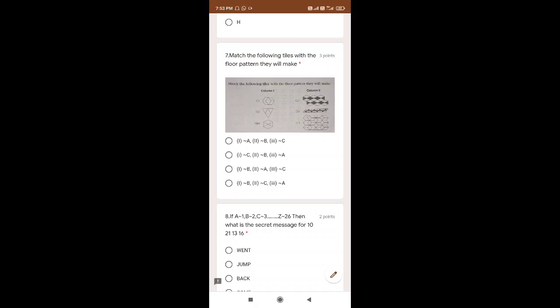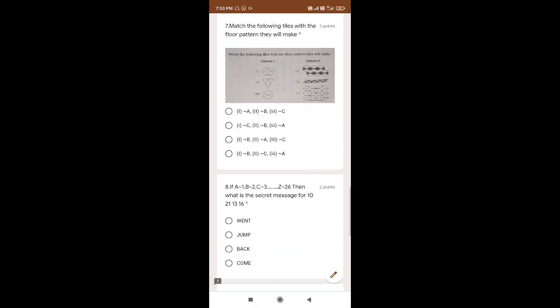If we observe columns 1 and 2, our answer will be: tile number 1 will make floor pattern C, tile number 2 will make floor pattern B, tile number 3 will make floor pattern A. So 1C, 2B, 3A. So option B is your correct answer.